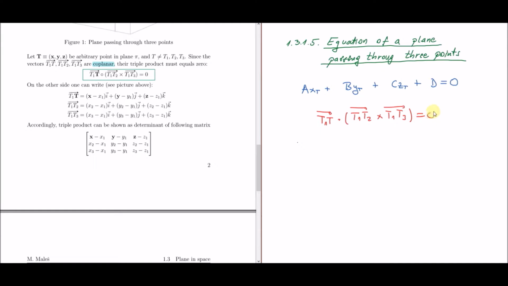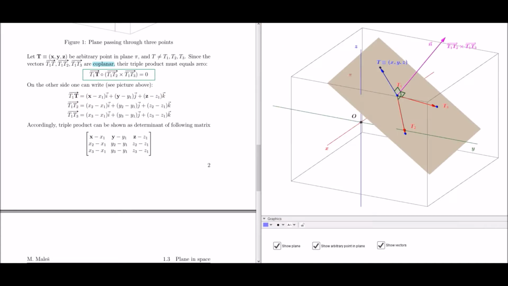Now we express these vectors in the standard base. That's also something we already should know how to do. Just take the difference between corresponding coordinates. For example, vector T1T equals x minus x1 multiplied by i plus y minus y1 multiplied by j plus z minus z1 multiplied by k.